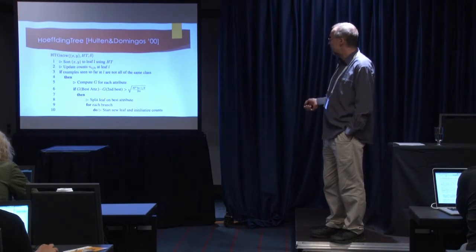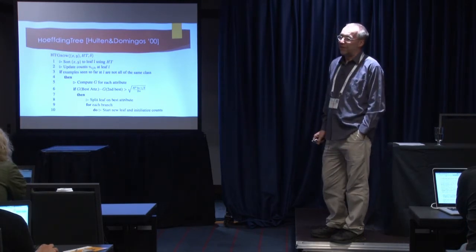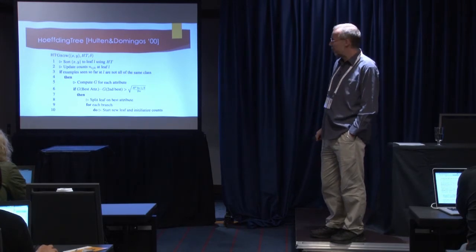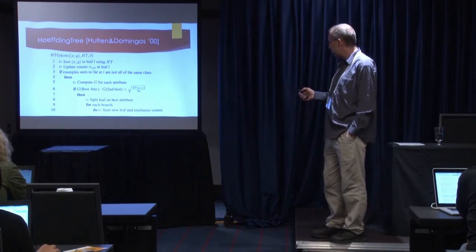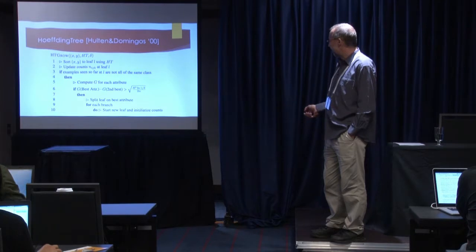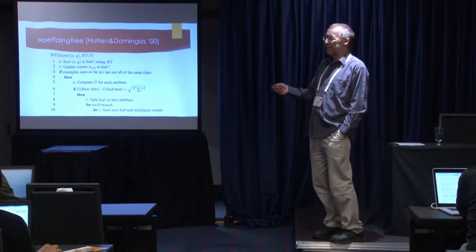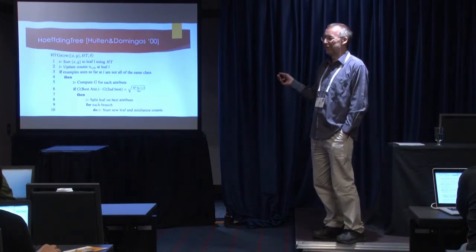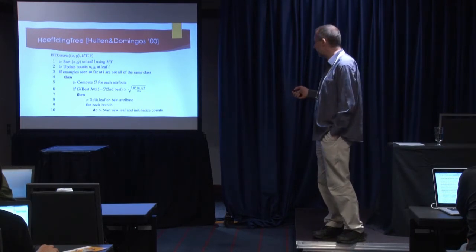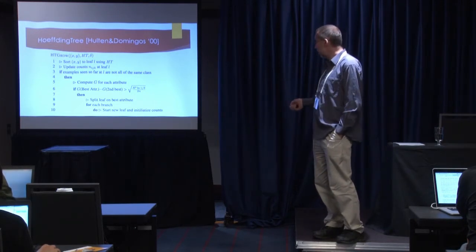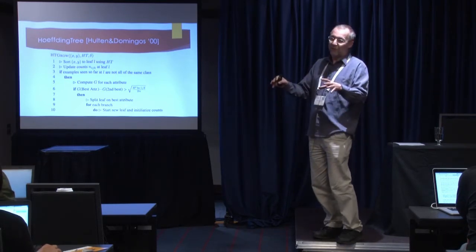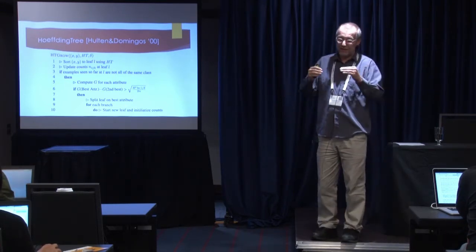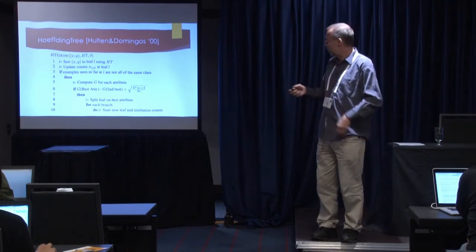Because I take the square root of that, it's slow in committing: you need about 100 times as many examples to be 10 times more confident. But once you are confident, you split on that attribute, make a branch for every possible value, and set up the data structures. And you can do that recursively.